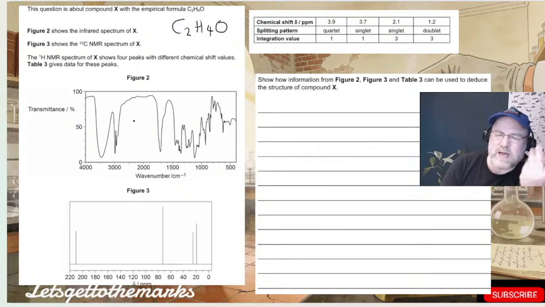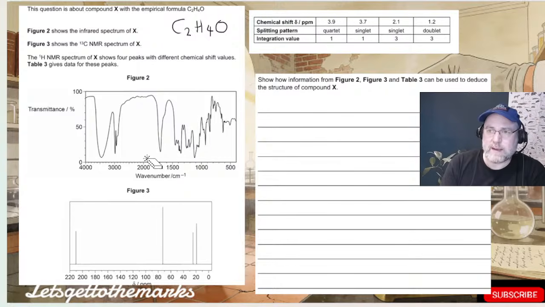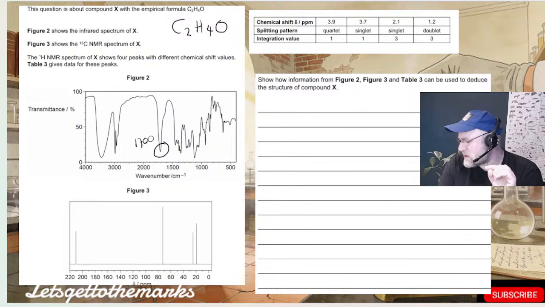This is just one, there are hundreds of these. What I would do is look at this. If you look in your data table, you should learn this one off by heart. It is the most common infrared peak in exams. That is bang on 1700. If you go to your data book, who knows what 1700 is?